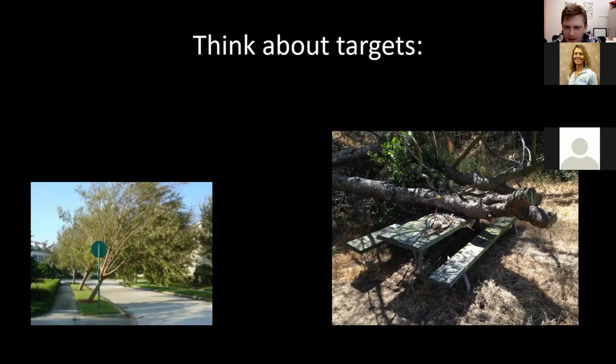Or if the tree has a big leaning stem and it's moving in the direction of your house, your house is a target at that point. So keep these things in mind when you're thinking about risk features: where they are in the environment and where they are relative to objects and people that have value.